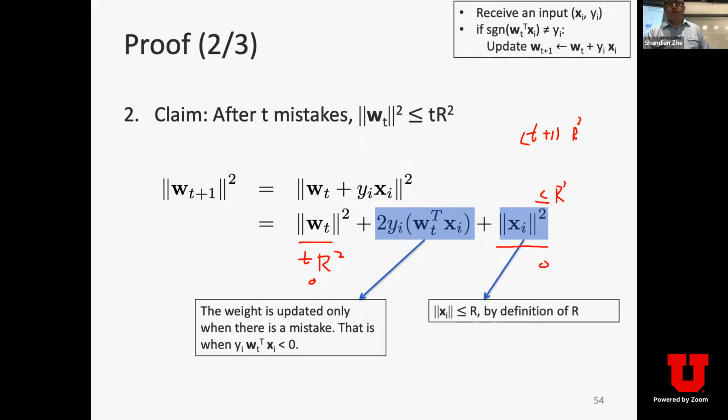So we can take a look at the middle term.